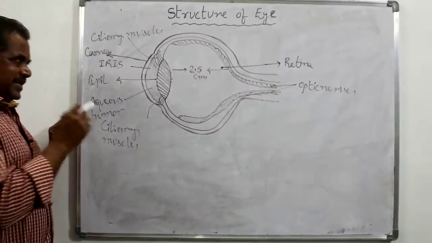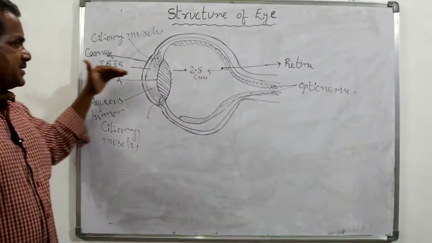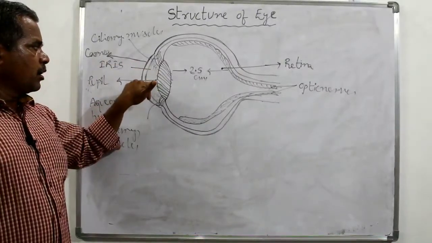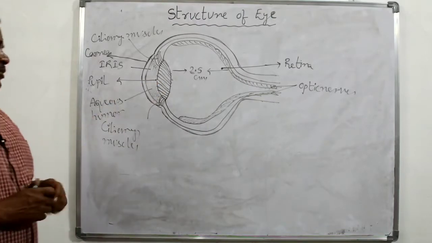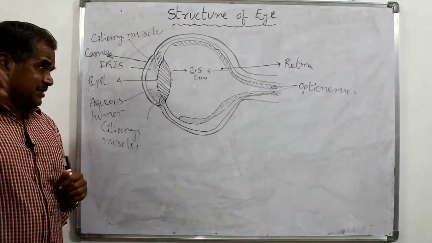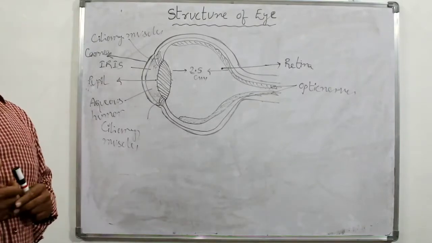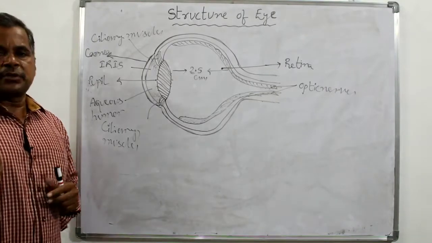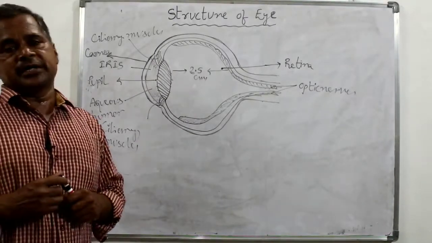Now, any light ray enters the eye through the pupil. For example, sometimes we see objects in less light or dark conditions, and sometimes in high light or bright conditions.